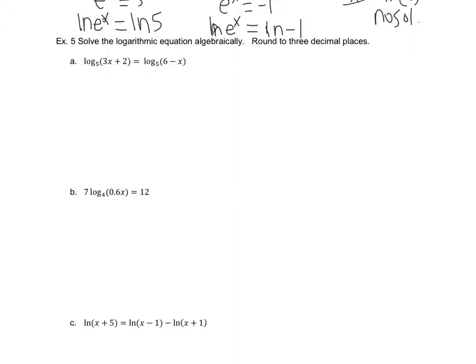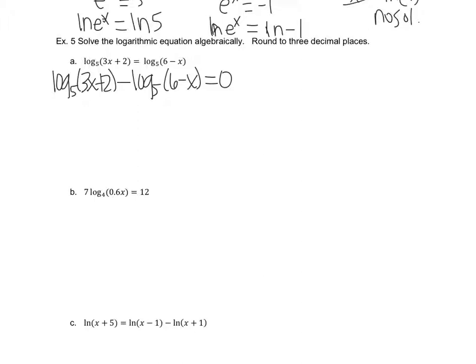Okay, so first things first, you have to get everything to one side. So I'm going to move this log over here by subtracting it. So I've got log base 5 of 3x plus 2 minus log base 5 of 6 minus x equals 0. Now, because both of these logs have a base of 5, they're the same base, we can go ahead and combine this, compress it, like you did in your previous lesson.